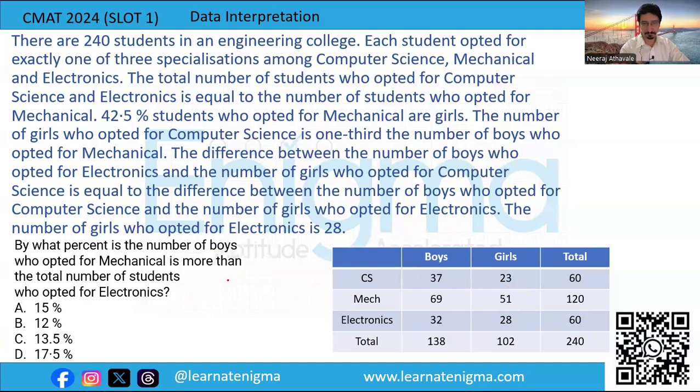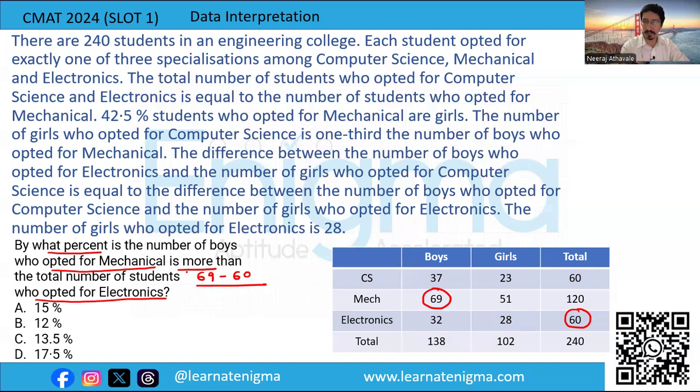Let's see the next one. By what percentage is the number of boys who opted for mechanical more than the total number of students who opted for electronics? Boys who opted for mechanical is 69 and the total students of electronics is 60. So here it will become 69 minus 60, because it is more than. Now because it is by what percentage more, we need a denominator as well.